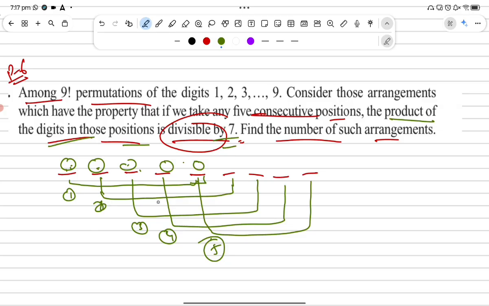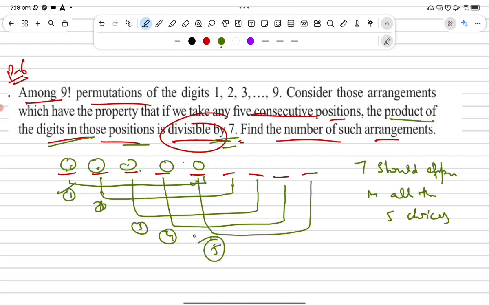It's only possible if 7 is one of these numbers, right? Now this is not the condition for only one of the cases. You have to satisfy this for each of these. For any 5 consecutive you choose, it should be divisible by 7. So that basically means 7 should appear in all 5 choices.